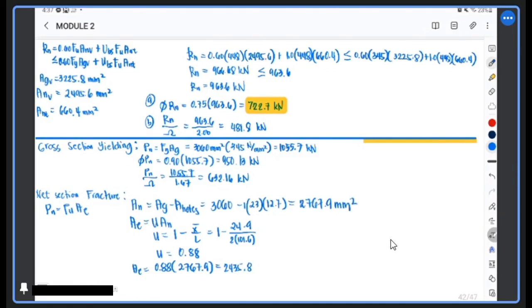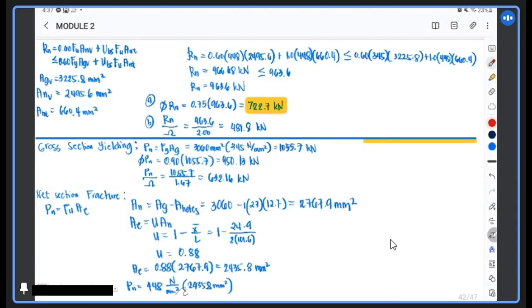2,435.8 square millimeter. So PN is equal to FU, which is 448 megapascal, Newton per square millimeter, multiplied by 2435.8 square millimeter.